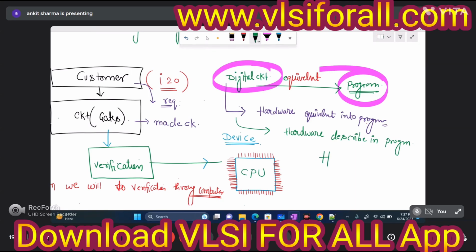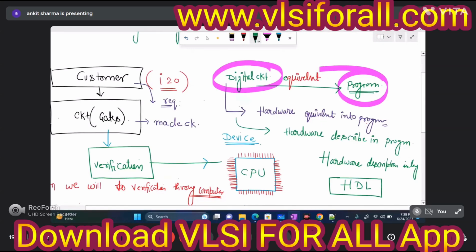Or I can say I need some language that can do hardware description in language. In short, I can say this is nothing but HDL, which is hardware description language.